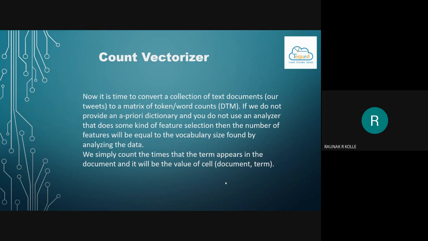In simple words, if there is no predefined dictionary, the number of words cannot be reduced and it remains the same. Hence, the irrelevant words cannot be removed from the context. We simply count the times that a particular term appears in the document, and it will be the value of the cell in the document term matrix.